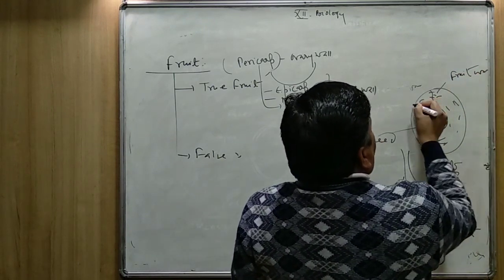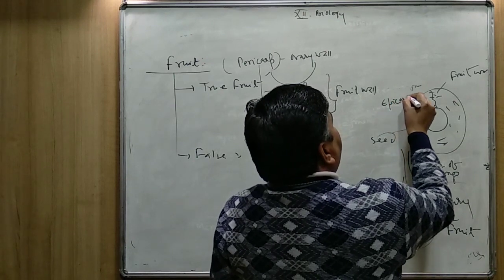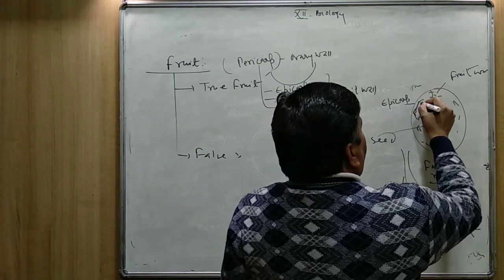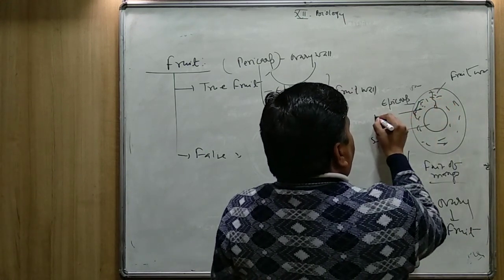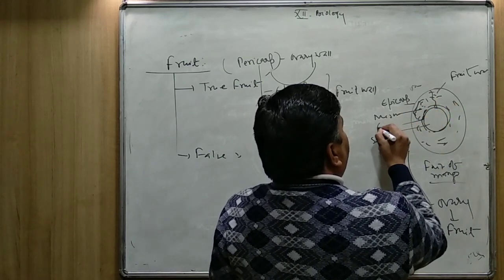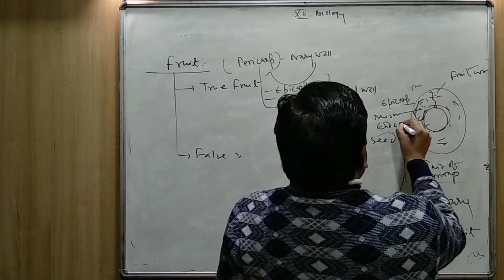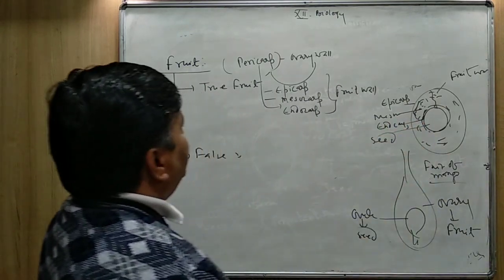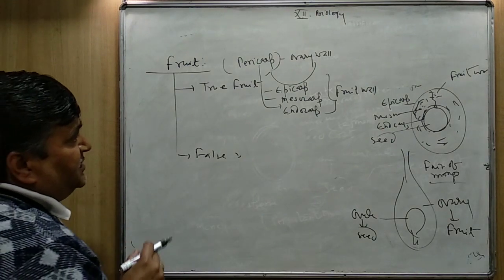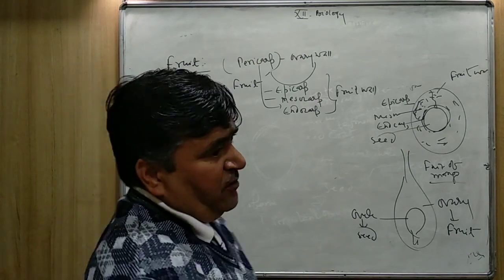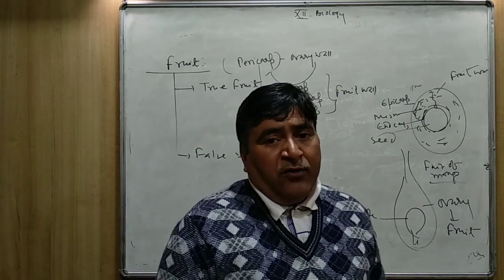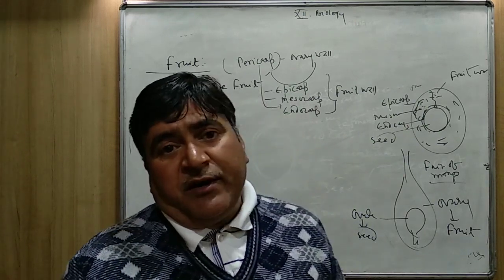The fruit wall, this outer layer, green in color or yellow after ripening, is the epicarp, and the central part is the mesocarp, and the innermost part of the fruit wall is called endocarp. So the pericarp or ovary wall or fruit wall has three parts: epicarp, mesocarp and endocarp. Overall, the fruit is the product of the ovary which is formed after fertilization.